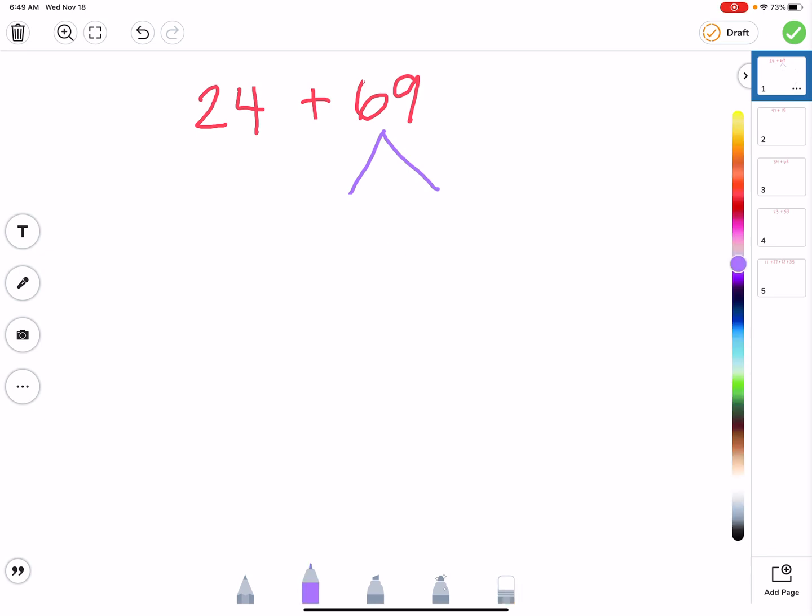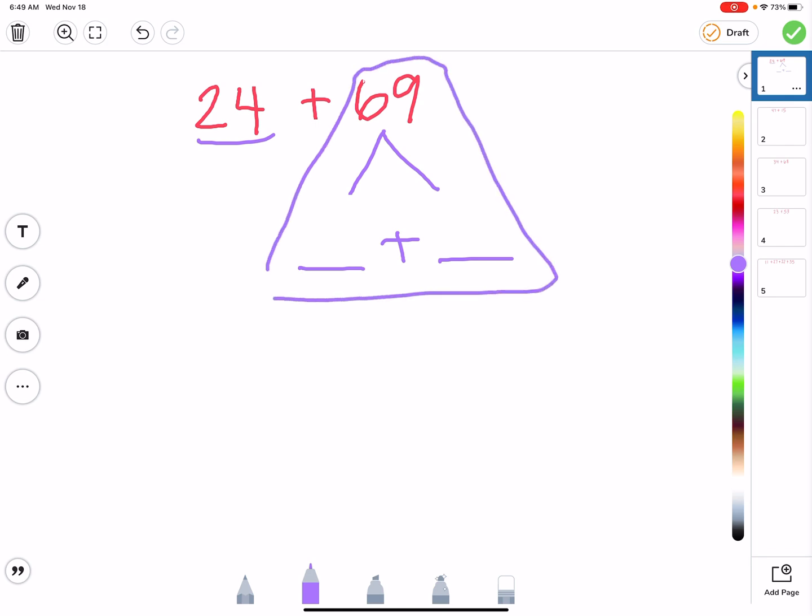So remember, I'm going to break apart one of my numbers so that I can make this guy become a 10, okay? Or a multiple of 10. So 20, 30, 40, 50. That's what I mean when I say make it the next 10. So this right here is a little fact family, okay?